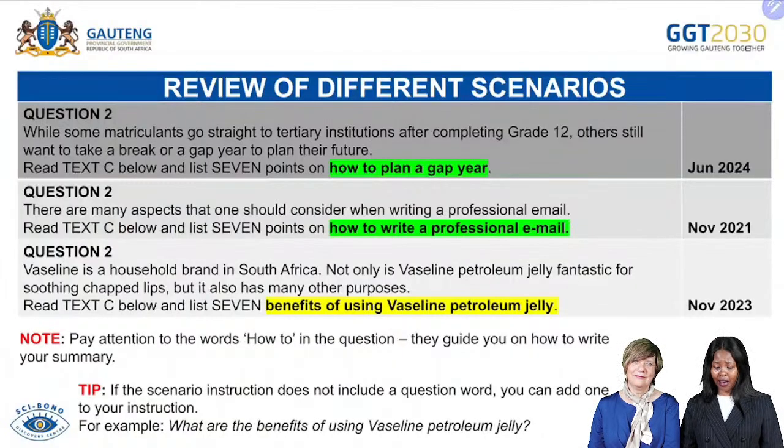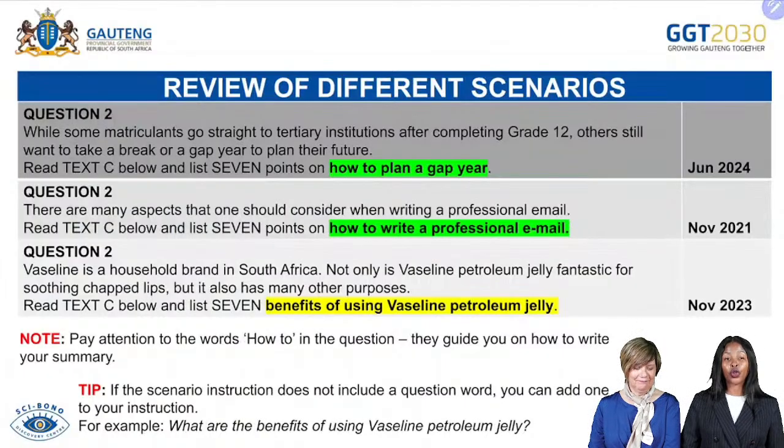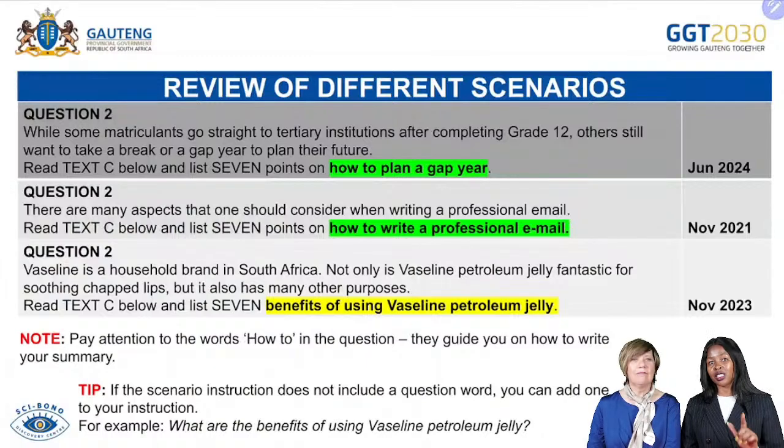Now, the tip that we have: if the scenario instruction does not include a question word, you can add one for your instruction. Here's an example. In this one, we are going to say, what are the benefits of using Vaseline petroleum jelly? And once you go to the text, now you're looking for responses to this particular question, which means that your 7 facts should be able to respond to this question that we have created.